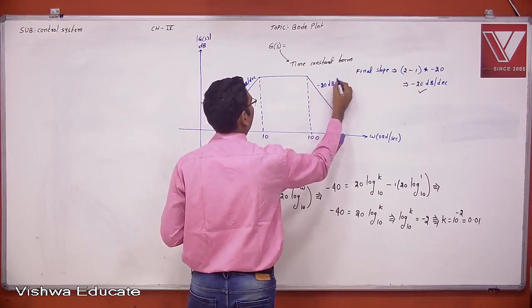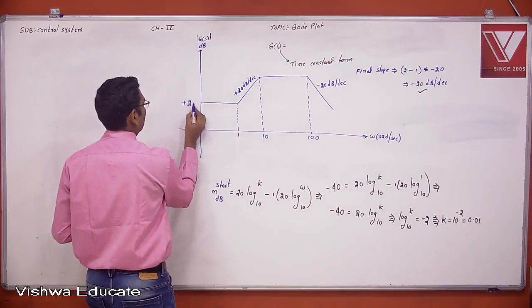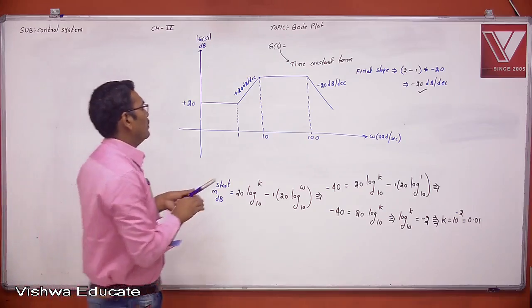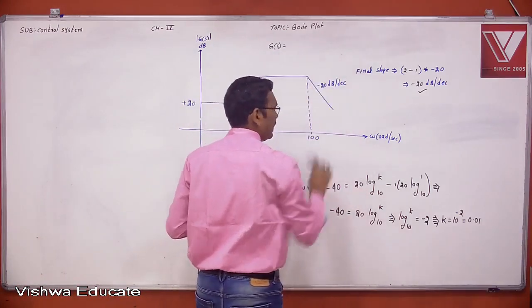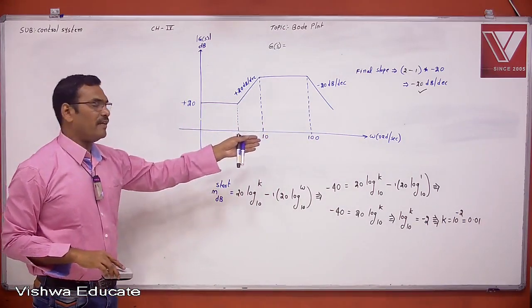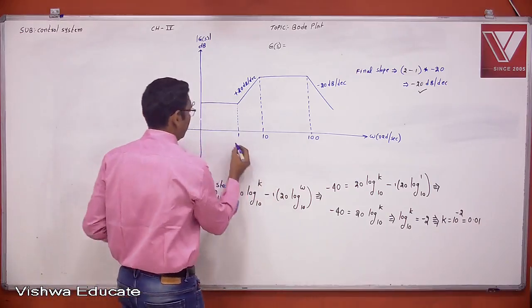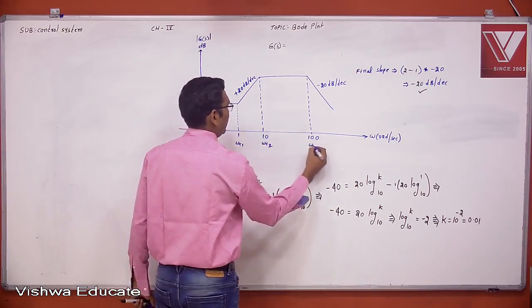Now this is the given Bode plot. You want to find the transfer function. First write the corner frequencies. These corner frequencies are already available, and we convert them into time constant form. This is omega C1, this is omega C2, this is omega C3.